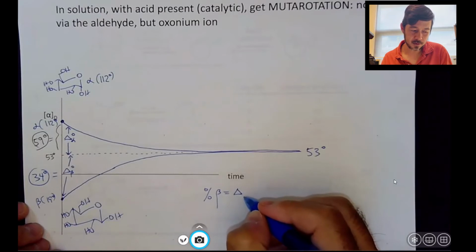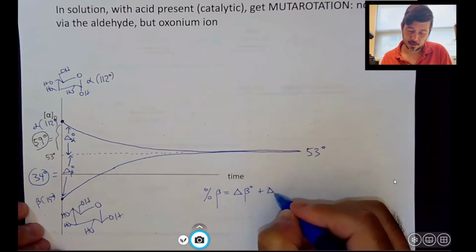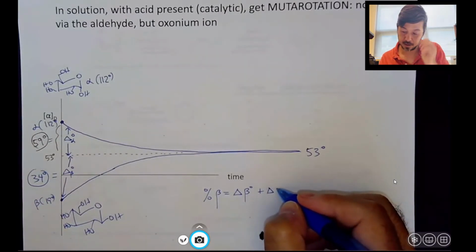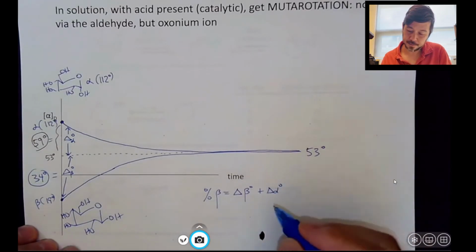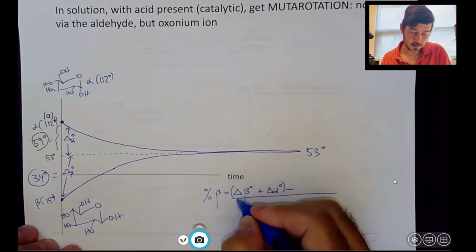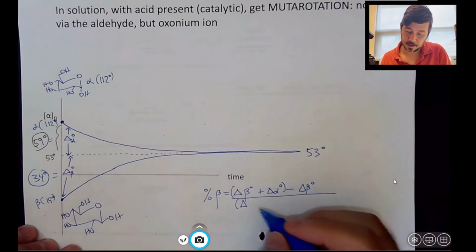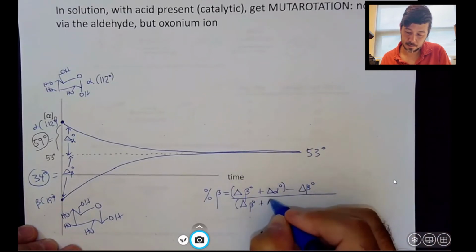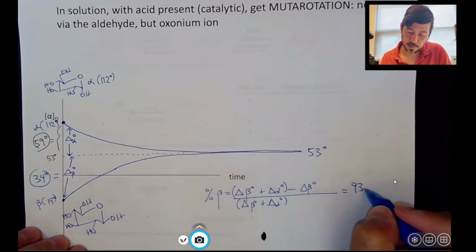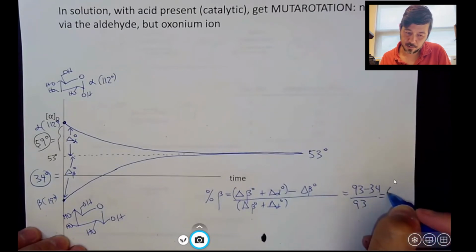That's going to be equal to the change in delta beta plus the change in delta alpha, minus the change in beta. If we do that, we get 93 minus 34, divided by 93. That's going to be equal to around 63%.